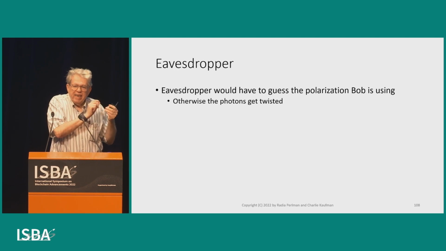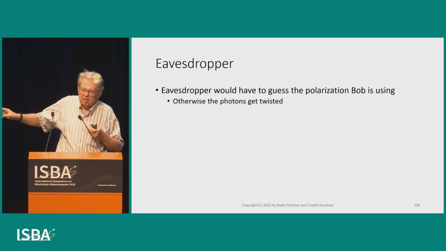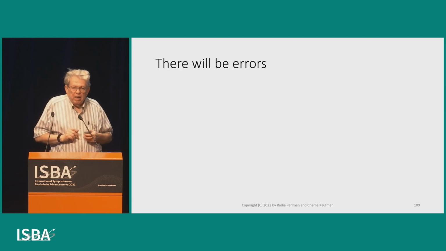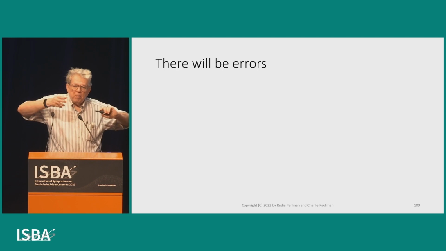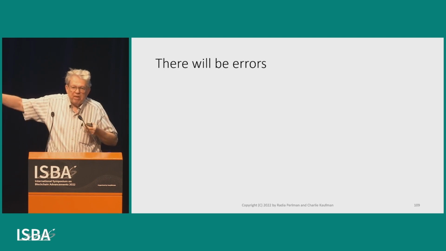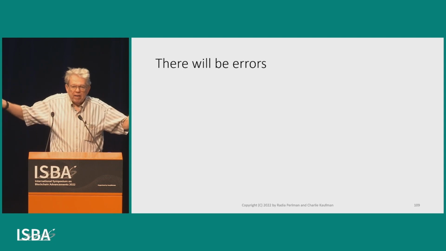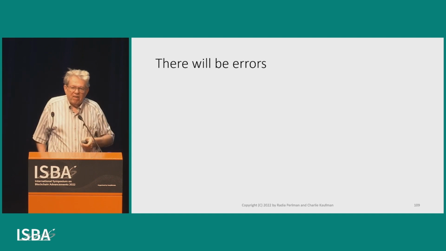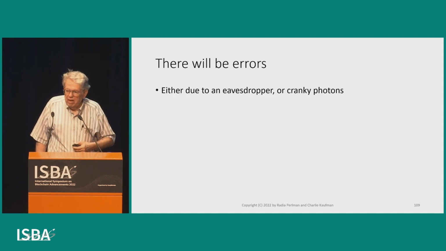And once he's read the photon, he can't regenerate it the way Alice sent it. So if there's an eavesdropper, there'll be errors on the line because he'll retransmit things and Bob won't receive them quite right. When Alice and Bob try to figure out what key they've agreed on, they'll get different keys and they'll discover that they can't talk to each other.